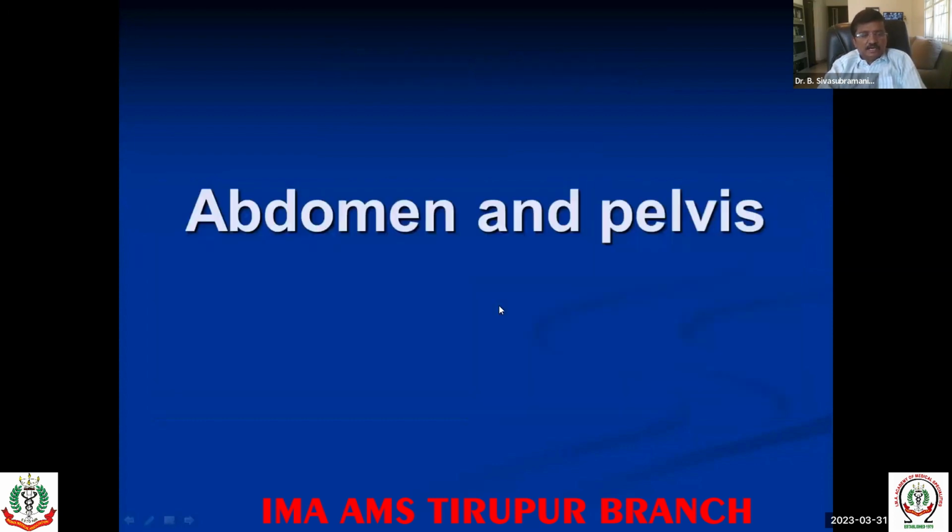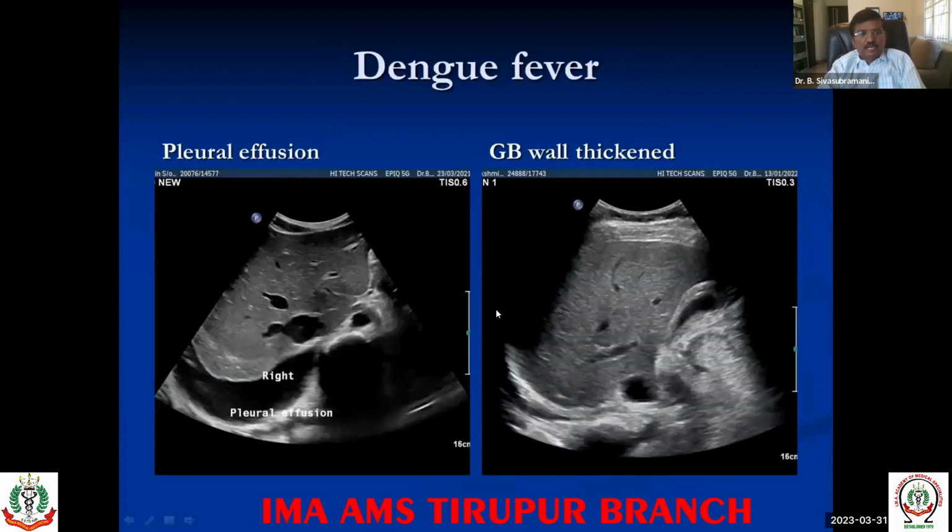So next, we will move on to the abdomen and pelvis, which is the most common focus for fever. And here is an example where this patient was suspected of dengue fever. Whenever you suspect dengue fever and when the platelet count keeps coming down, when it comes below 40,000 or 50,000, then you will see in ultrasound the classical finding of gallbladder wall thickening.